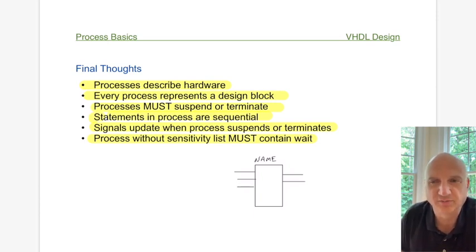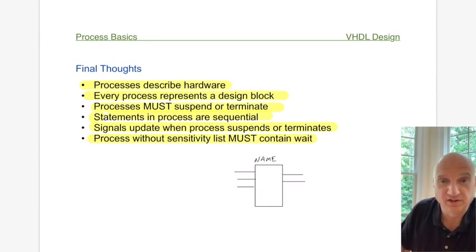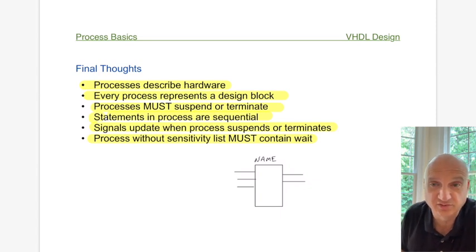We talked about a process without a sensitivity list when we were doing test benching earlier, and we said that in that case we must have a wait statement, because that suspends the process. That's a requirement. But if the process does have a sensitivity list, then we would not need a wait statement, and instead rely upon those signal changes to trigger the process to execute again.